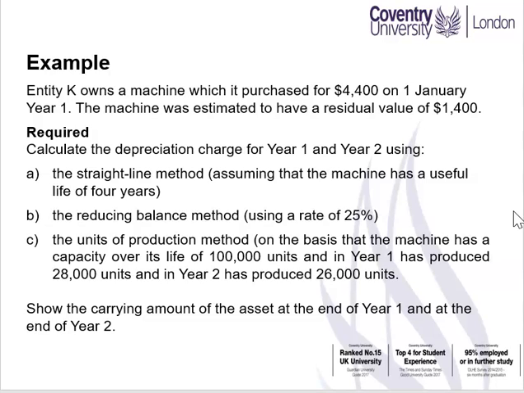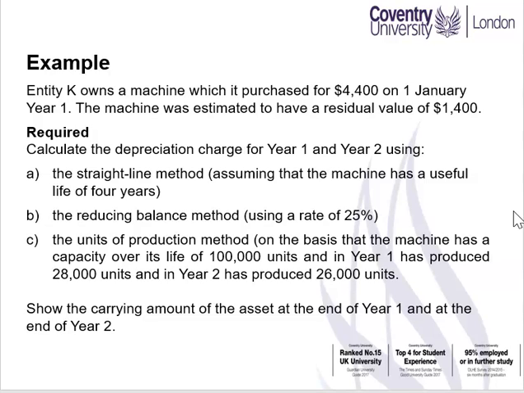Required: A, calculate the depreciation charge for year 1 and year 2 using the straight line method, assuming that the machine has a useful life of 4 years. In that case, we take the 3,000 and divide by 4, which is $750 each year. B, the reducing balance method, using a rate of 25%.